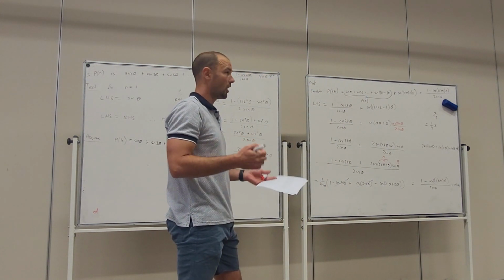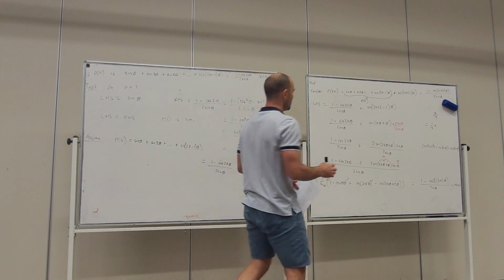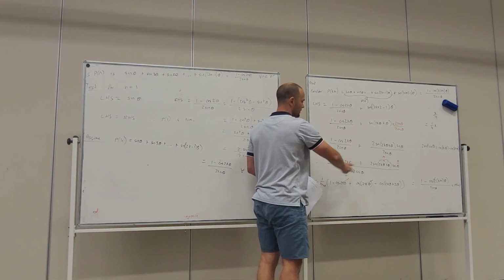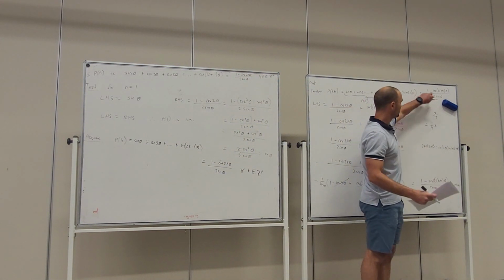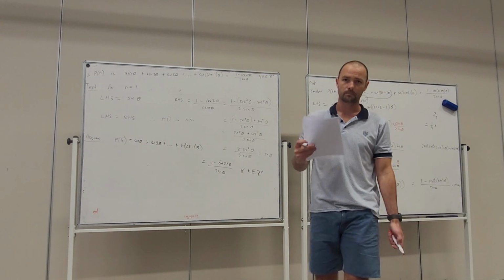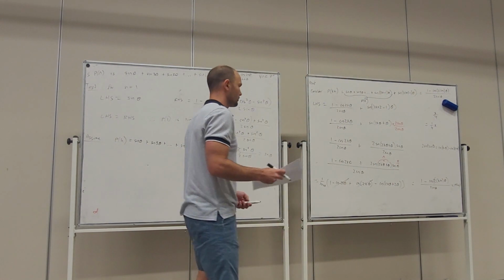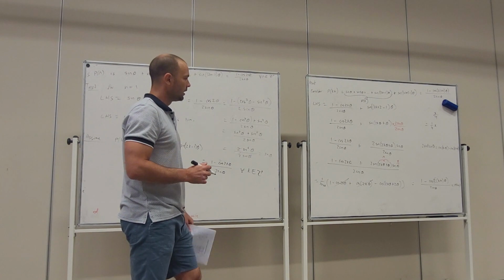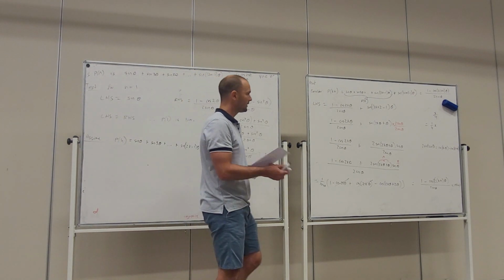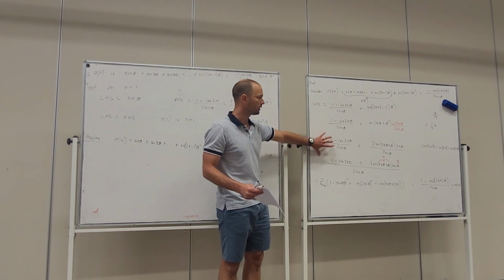It's equal to the right-hand side of p of k plus 1. So we started with the left-hand side, we've manipulated it, and we've shown that it equals the right-hand side of p of k plus 1. P of k plus 1 is true if p of k is true. So this is probably where the hard work lies.